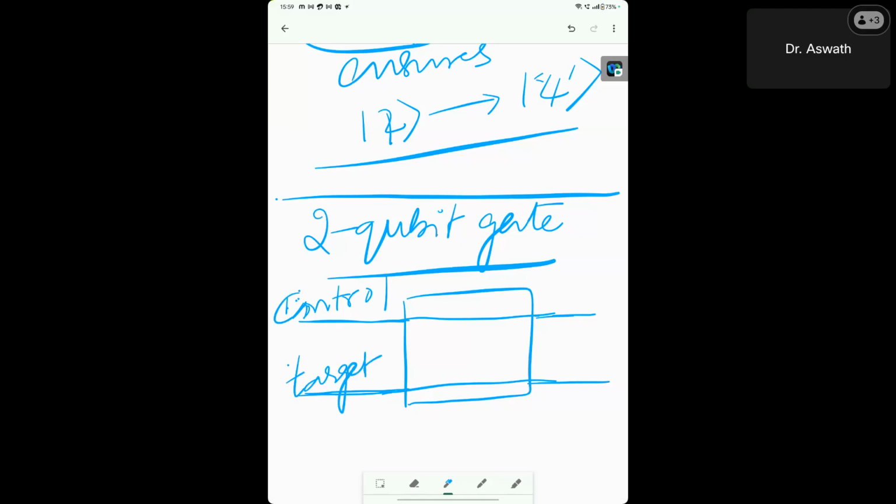Depending on the control, the target has to be flipped. They put a plus symbol for X, which is the gate representation for a controlled NOT operation.